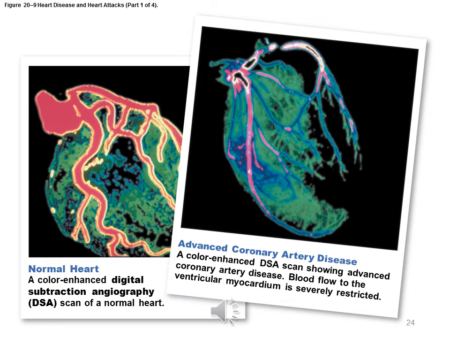Notice that you can't see half the heart here because of the blockages. So the blood flow has been restricted in that ventricular myocardium, and you can't even see it because it's not getting the blood supply. So the blockages may lead to the heart attack.